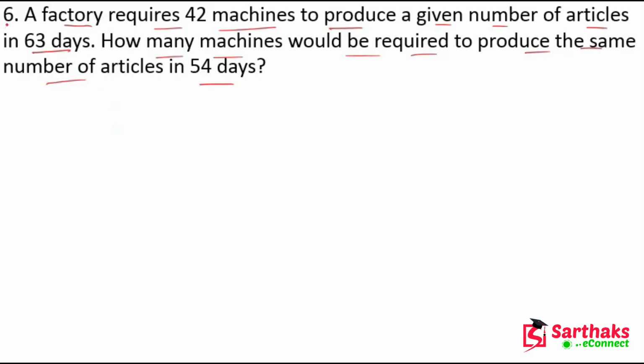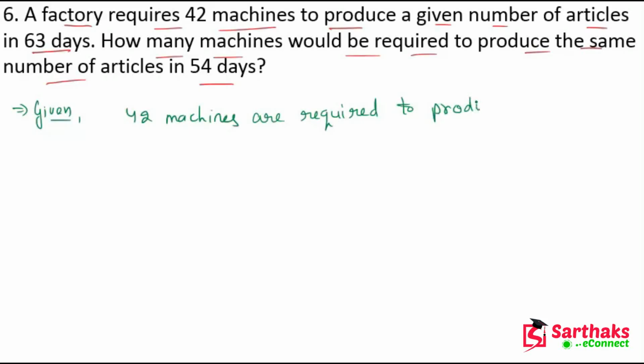Now here it is given that 42 machines are required to produce articles in 63 days, and we have to find the number of machines which produce the articles in 54 days.